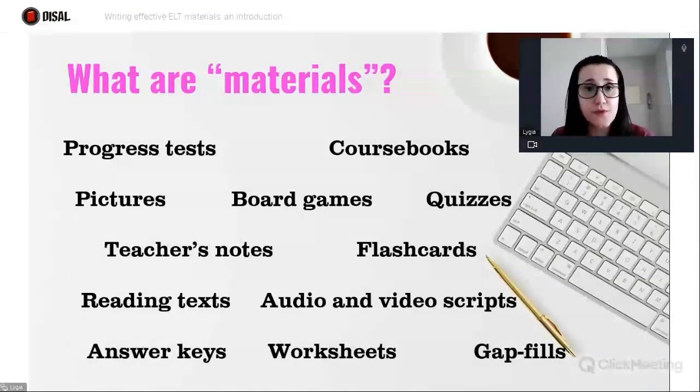Let me ask you another question now. Which of these have you already written, or which of these do you usually write? I know that worksheets are quite popular at some schools and language institutes. A lot of teachers write worksheets and they share the worksheets with each other. So it's quite common. But what about your context?